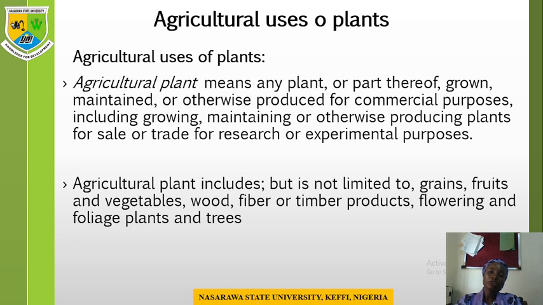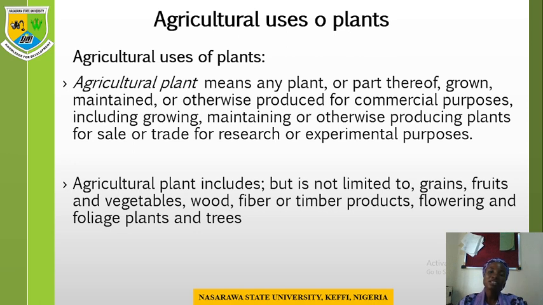Now, agricultural uses of plants. Agricultural plants means any plant that is being grown or produced for commercial purposes, including growing, maintaining, or producing plants for sale or trade, for research or experimental purposes.